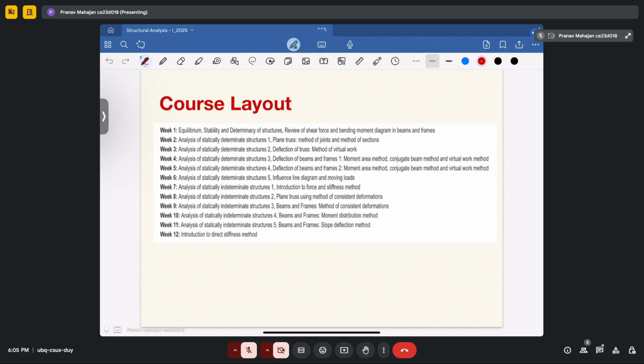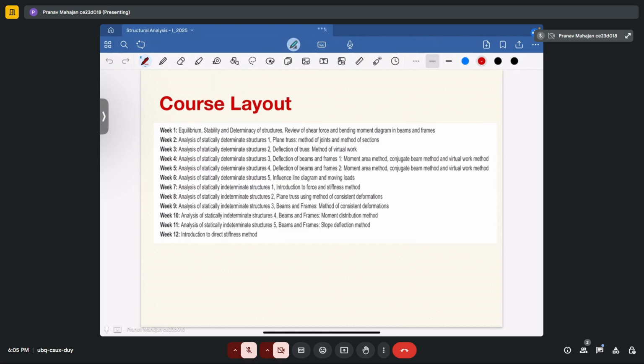Later on, from the week number 7, we have introduced force as well as the stiffness method, which can also be corresponded as flexibility and the displacement method, wherein we have seen in case of indeterminate structures, how we will solve the problems and determine the unknown forces and moments that we call as redundants.